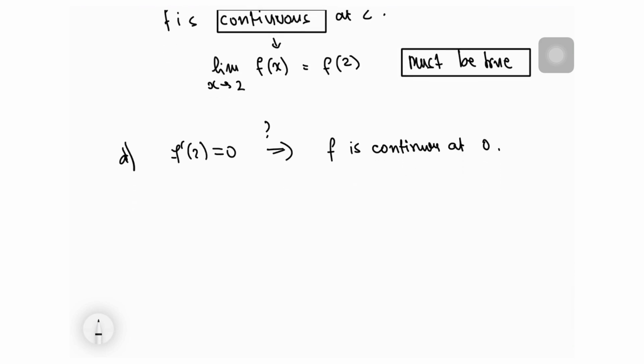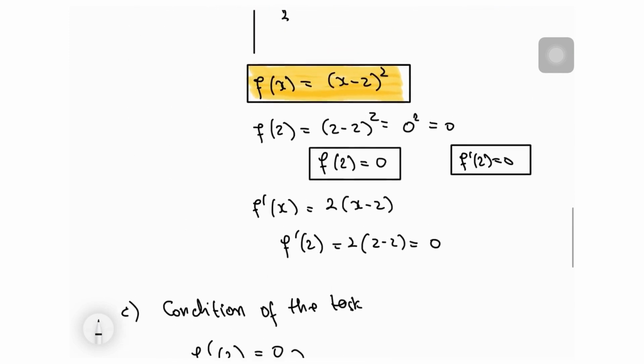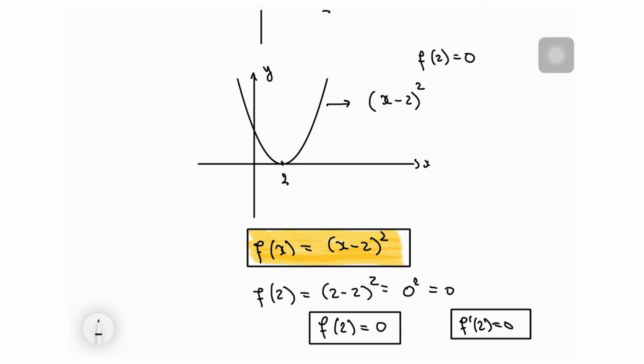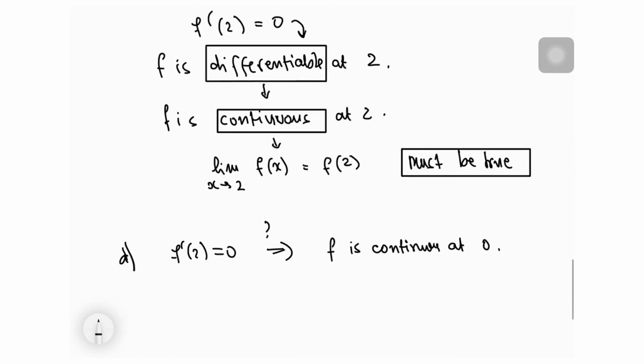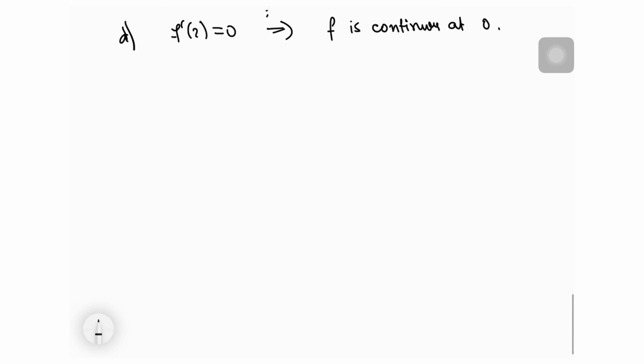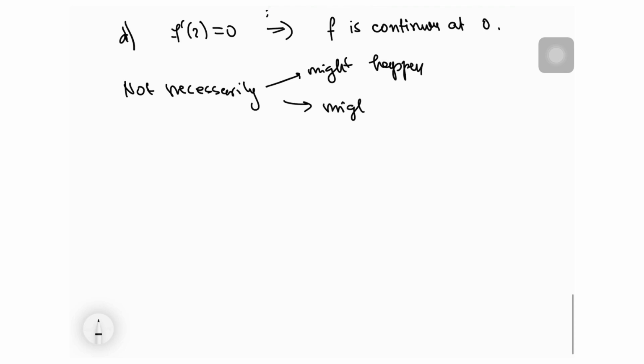The answer is it might happen, so it doesn't need to be true always. If you go back to this function here, we'll just say not necessarily. So might happen, might not happen.